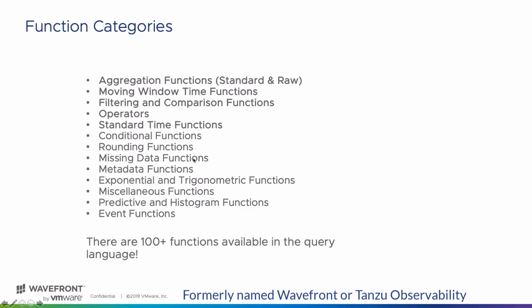If you're doing some further reading afterwards, probably the functions that we're not covering today, but that are most common or most interesting to look at would be missing data functions. Things like default, last. This allows you to specify if the data stops reporting, what do I want to do about that?